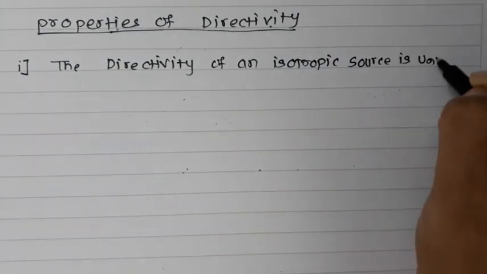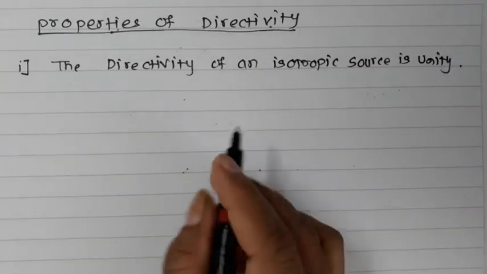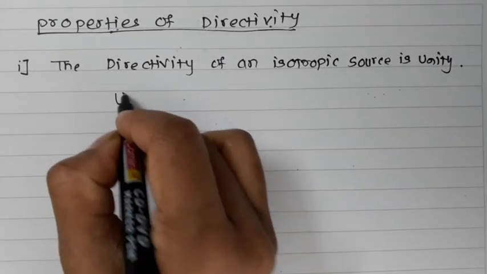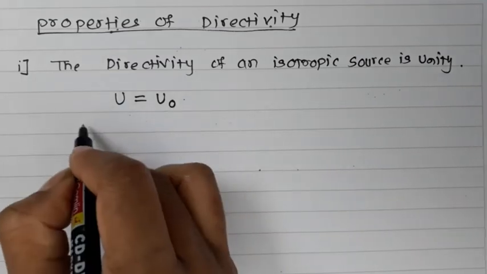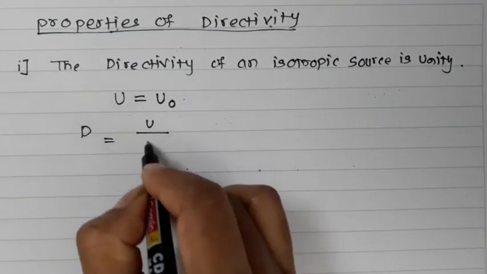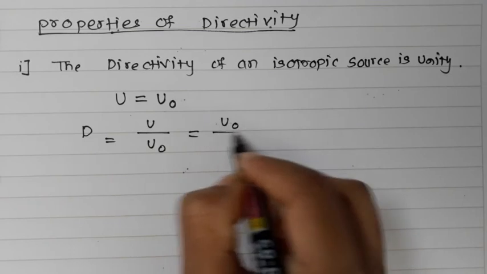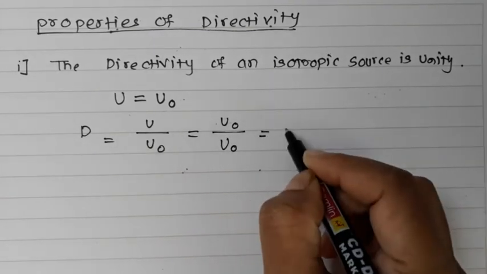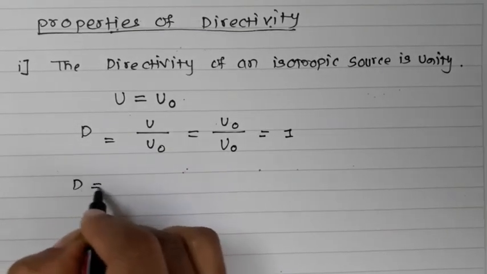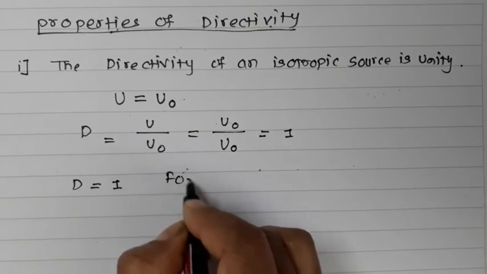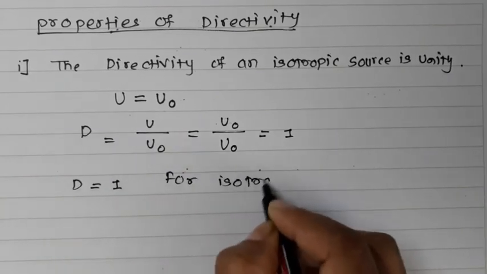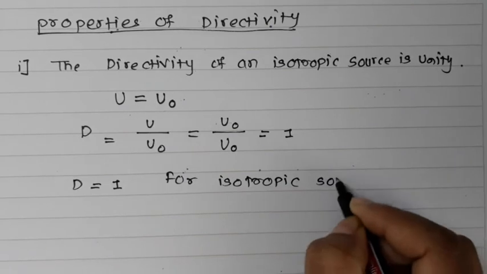Let us see the explanation of this property. We know that for an isotropic source U is equal to U0, and directivity is nothing but U by U0. So if we put U0 by U0, it is equal to 1. So I can say D is equal to 1 for an isotropic source. This is the first property of directivity.